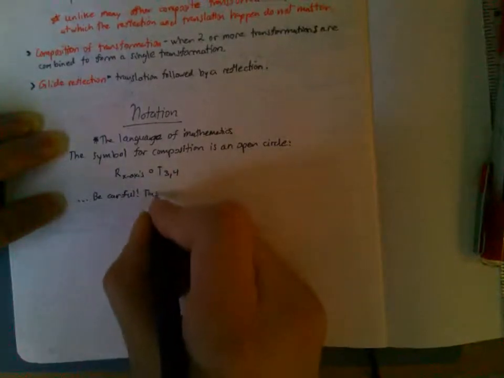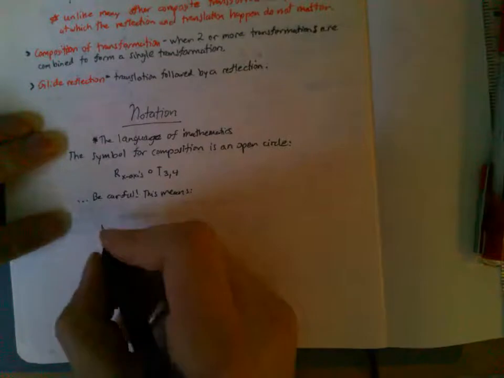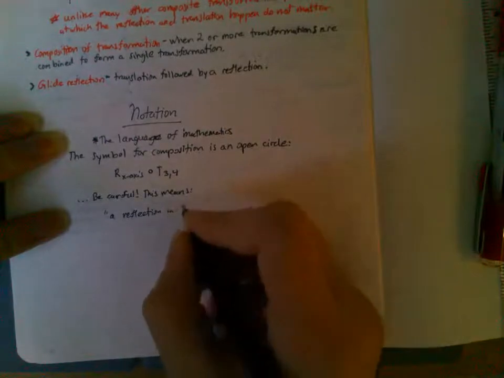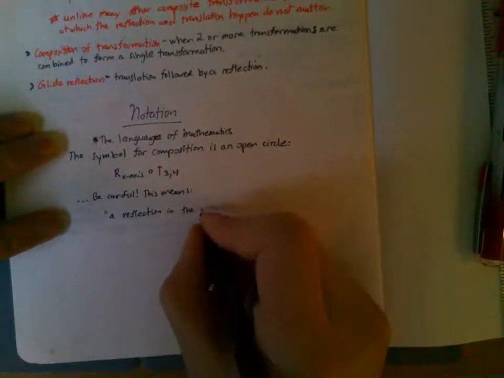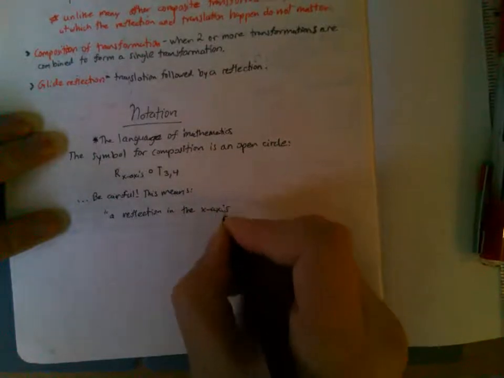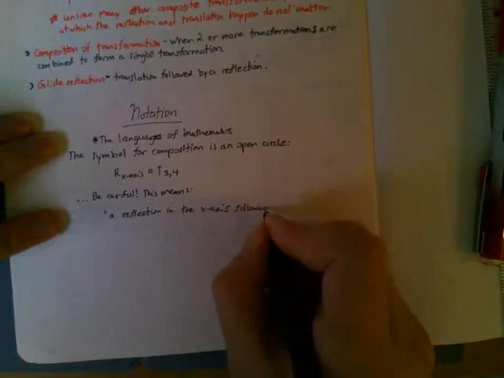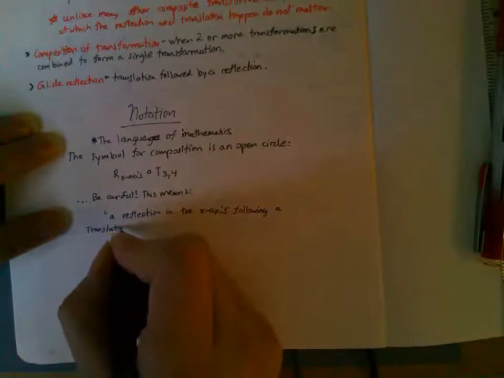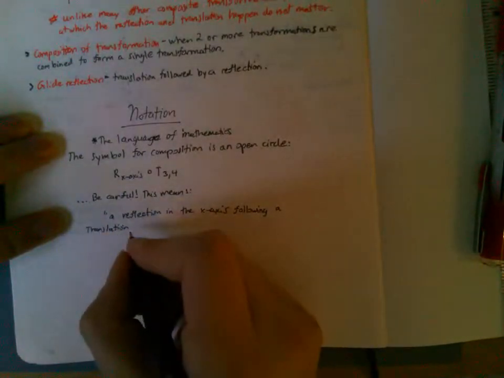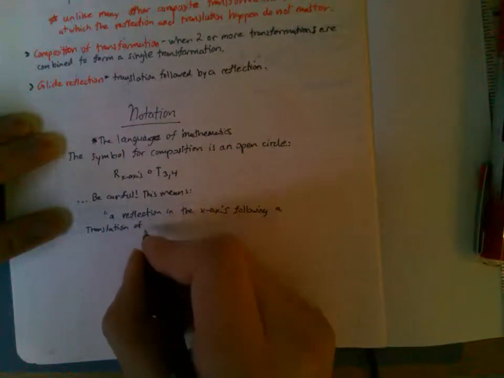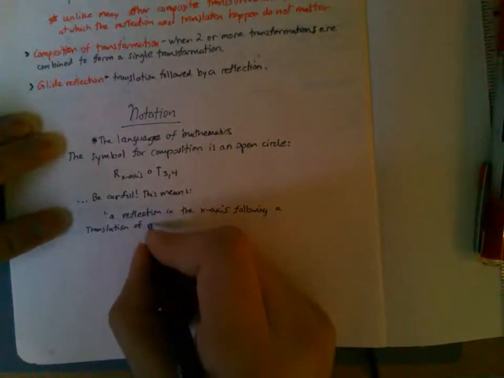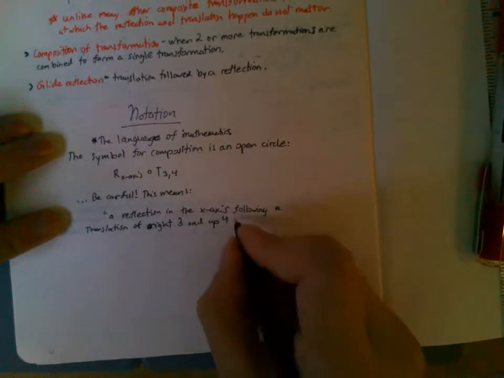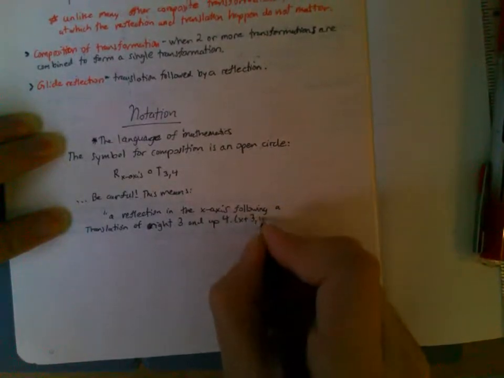This means a reflection in the x-axis following a translation of right 3 and up 4, aka x plus 3, y plus 4.